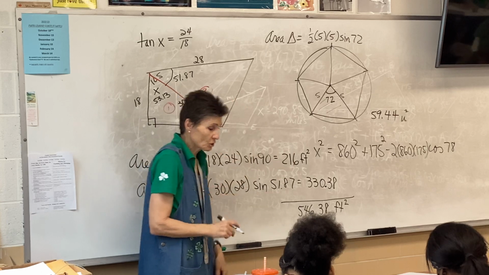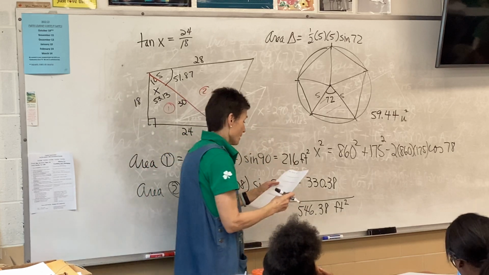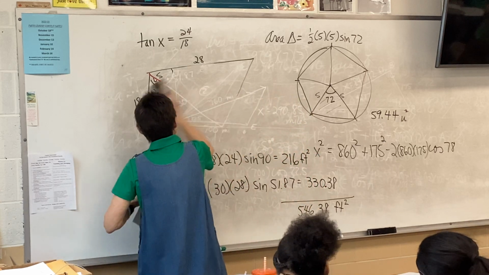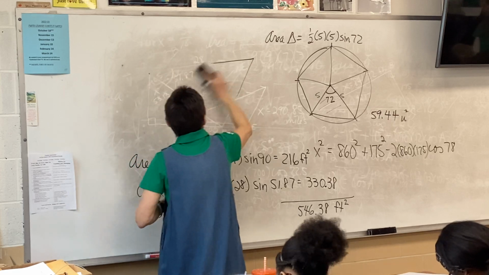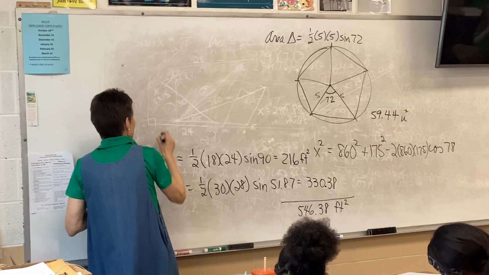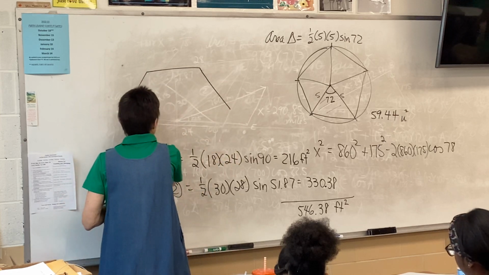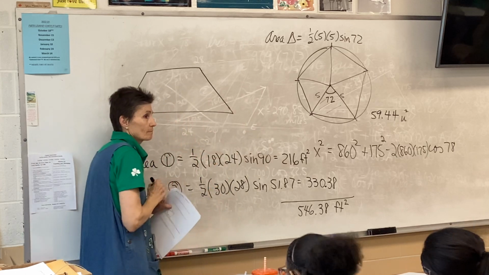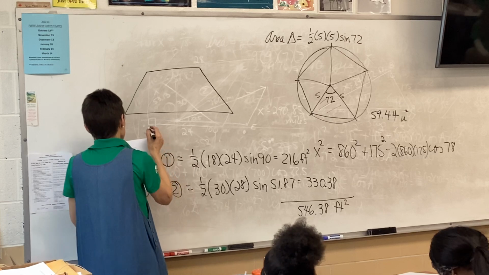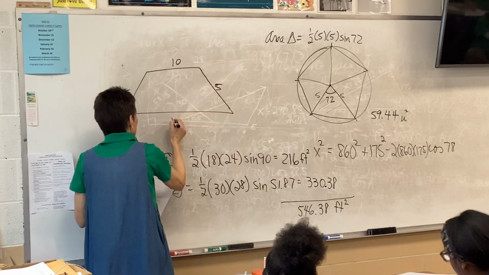One more, and then I'll shut up. Pick another one. 2? In order to do number 2, we gotta know what an isosceles trapezoid is. So isosceles trapezoid. That's one of these guys, right? And the sides of the trapezoid are 5, 5, 10, and 12.